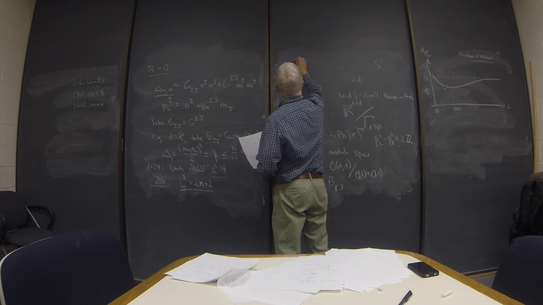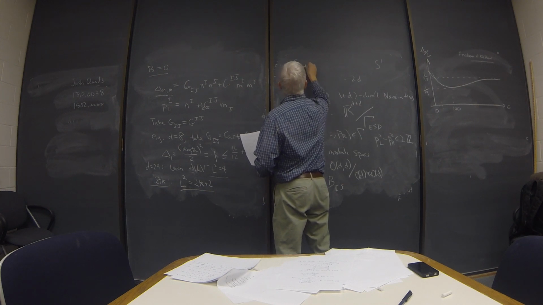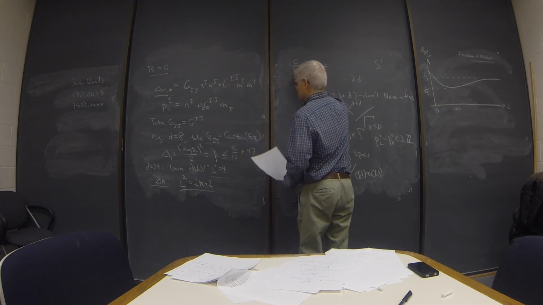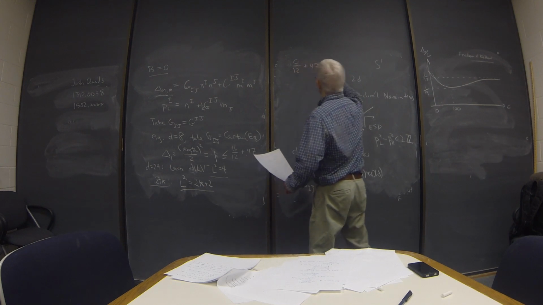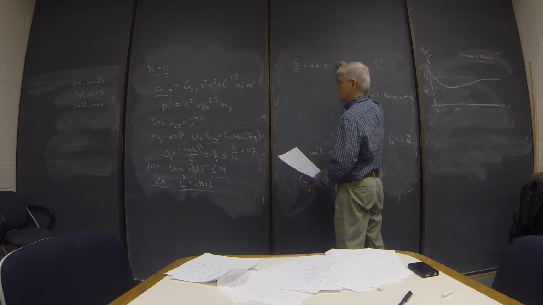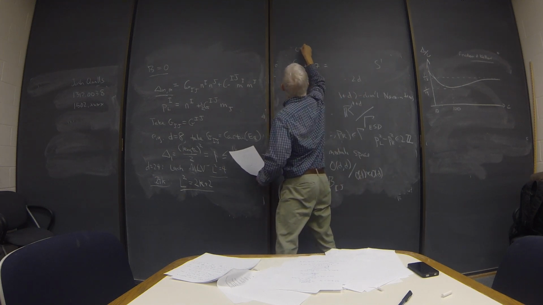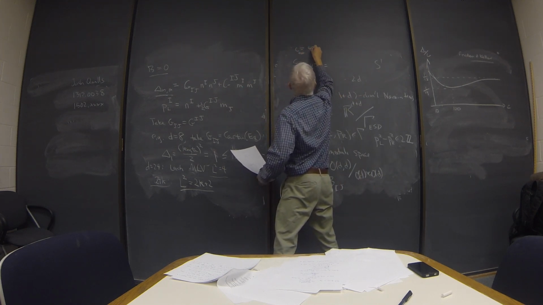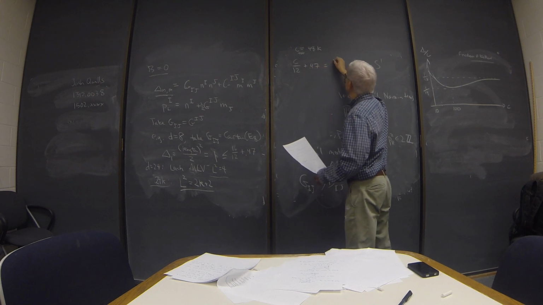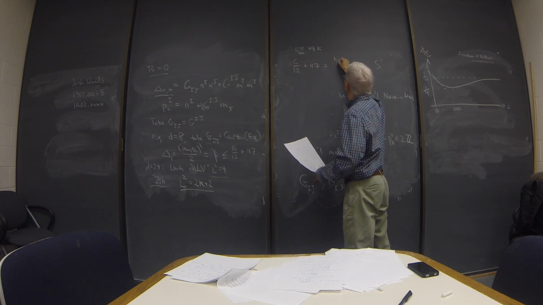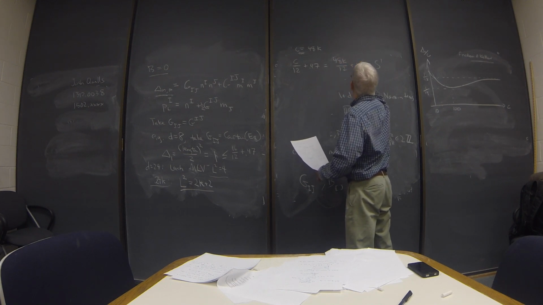So let's plug that in to c over 12 plus 0.47. C total is 48k, so c over 12 plus 0.47 is 4k plus 0.47.